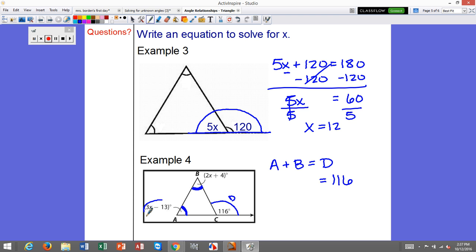Angle A is an expression, 3x minus 13. And angle B is an expression, 2x plus 4.